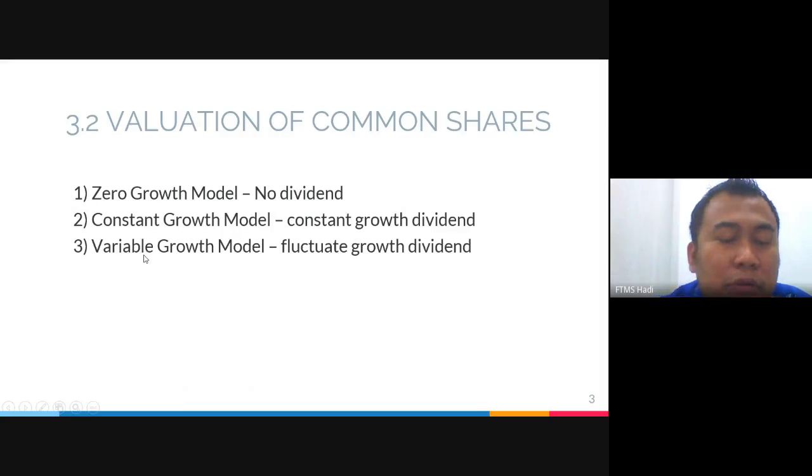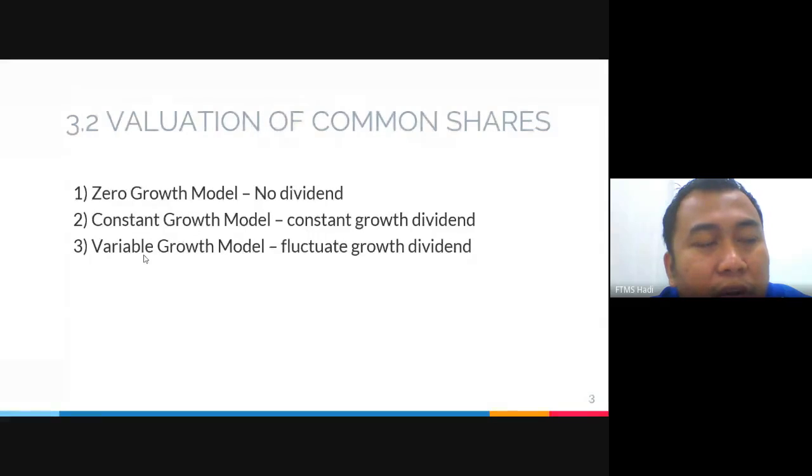Later on I will show you why. Mostly the variable growth model is the most difficult one, because the share price can go up and down, and the dividend or payout distributed by the company changes or varies from year to year. So we will see those methods one by one.